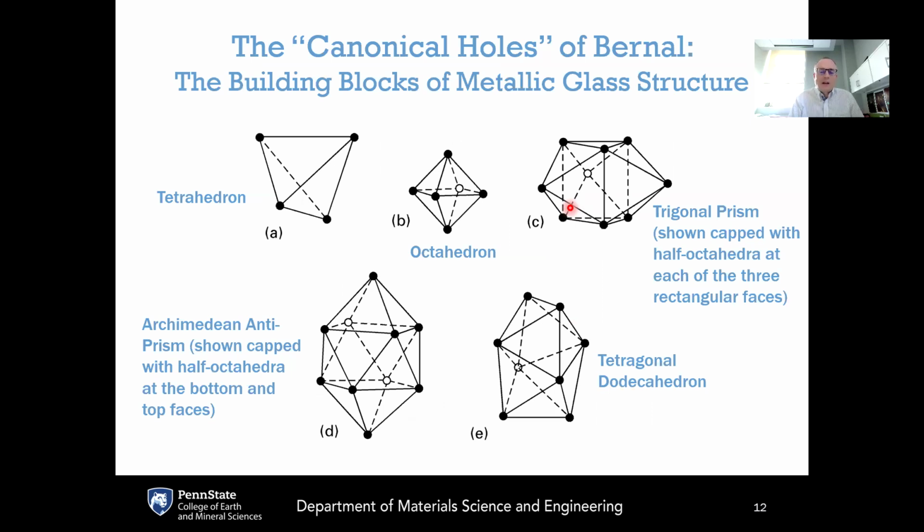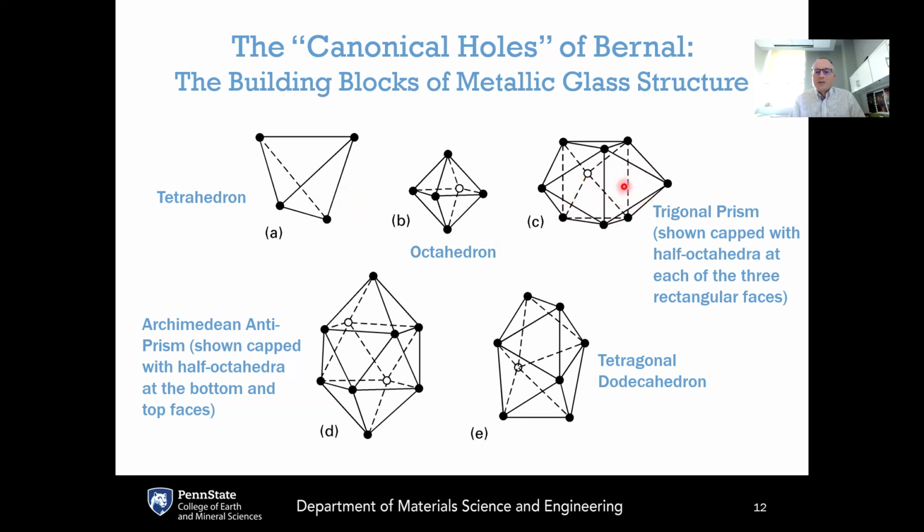Now, there's a lot of active research going on to try to understand the structure of bulk metallic glasses. It's not very well established for many systems, but one of the models is known as the canonical holes model of Bernal, who considered that there are various building blocks of metallic glass structures, basically various types of polyhedra, including tetrahedral units, octahedral units.